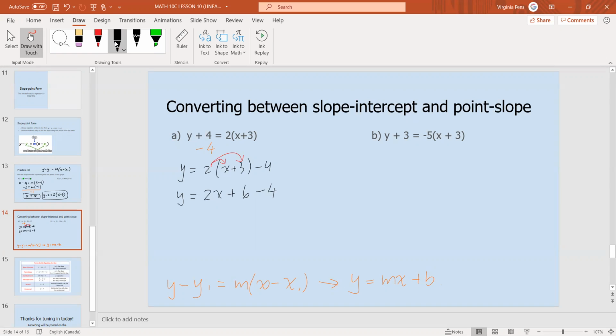Now we're looking even closer to mx plus b, except one final step: we just need to combine these because they are like terms. We need to always combine like terms. So we have positive 6 minus 4, which is positive 2. And that's our equation in slope intercept form.